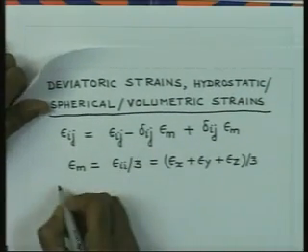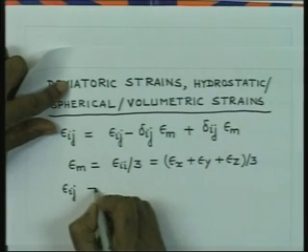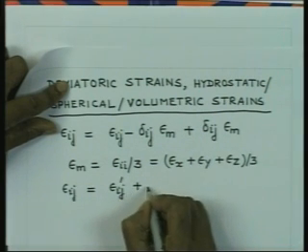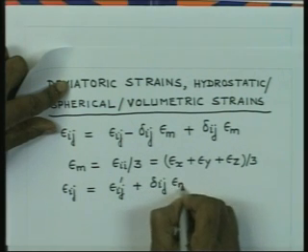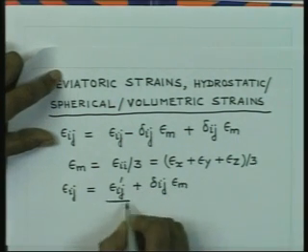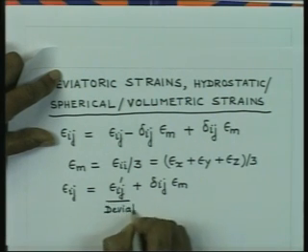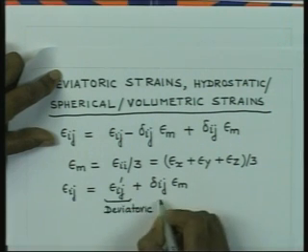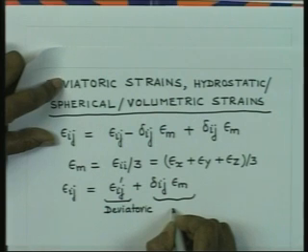And we can represent epsilon ij in this form epsilon ij dash plus delta ij epsilon m, wherein this is known as deviatoric strain tensor, and this one is known as volumetric or hydrostatic strain tensor or spherical strain tensor.